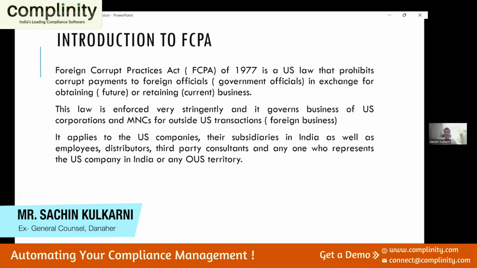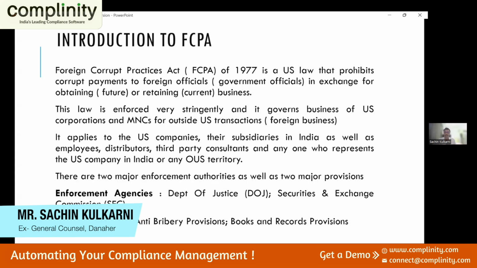The expansion of jurisdiction is quite wide, and a lot of people who either work for US companies in India or serve as distributors, consultants or service providers automatically come under the umbrella of application of this law.